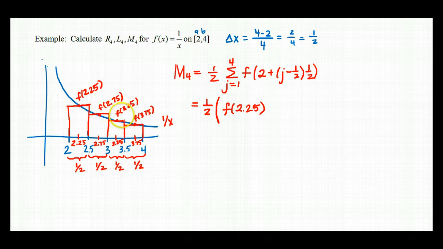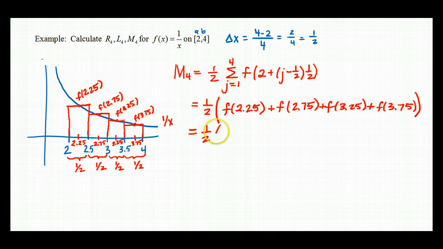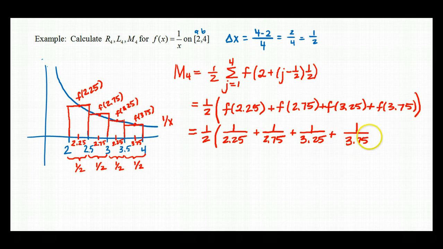And so we can see what the other heights are going to be because we drew it on the graph. So this will be f of 2.75 plus f of 3.25 plus f of 3.75. And so now we have 1/2 times f of 2.25, so this is going to be 1 over 2.25 plus 1 over 2.75 plus 1 over 3.25 plus 1 over 3.75.